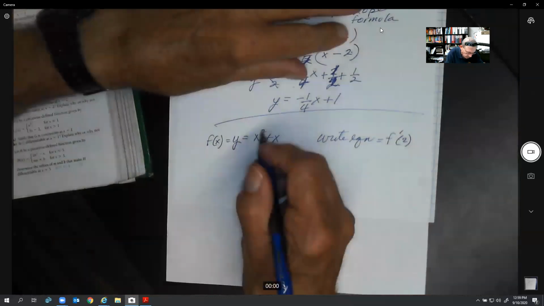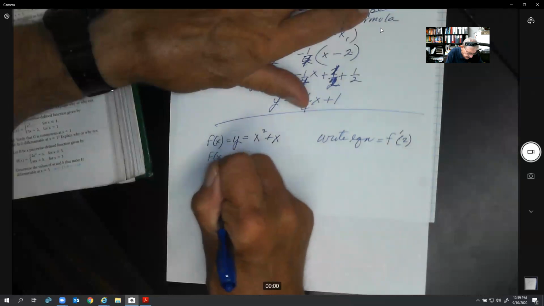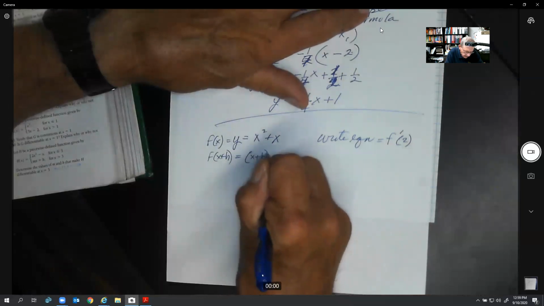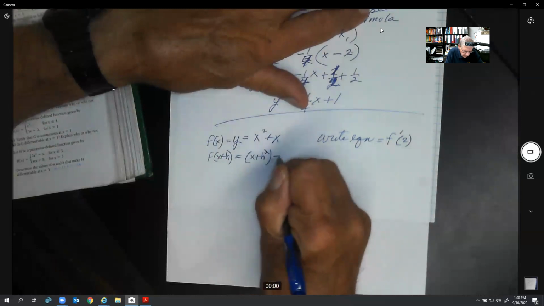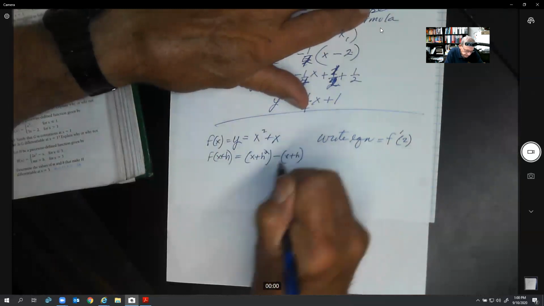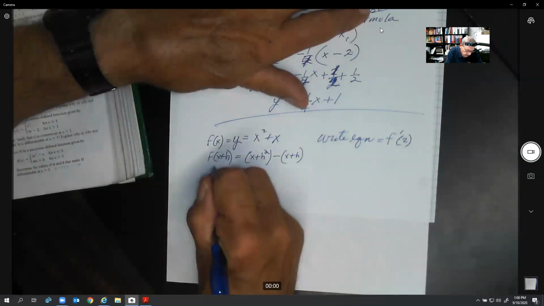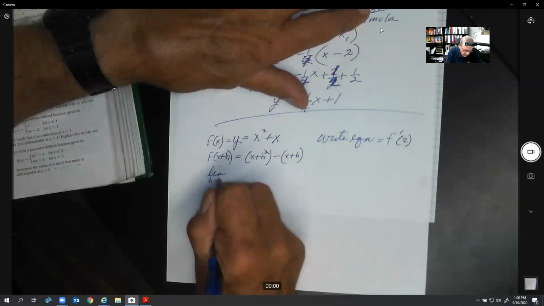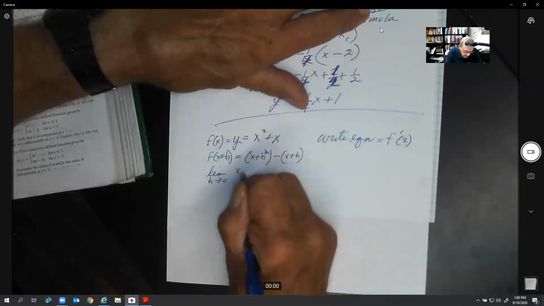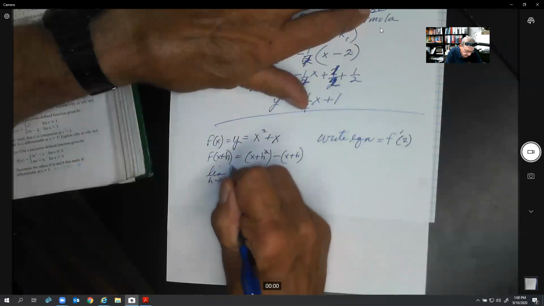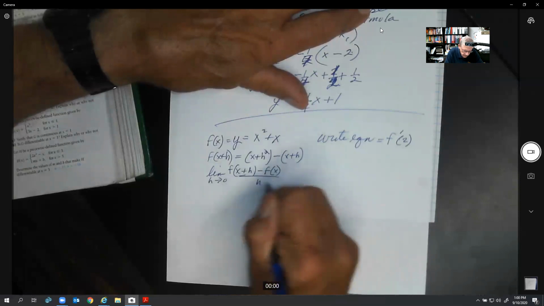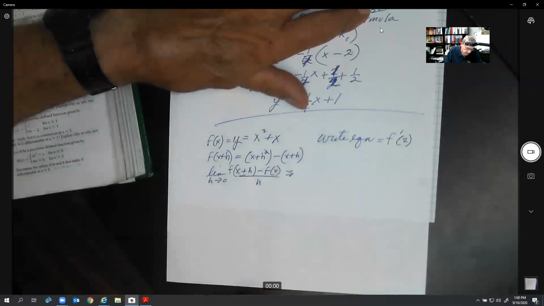Okay, so step number 1. Let's find the difference quotient. F of x plus h is going to be x plus h squared plus x plus h. We're going to take the limit as h approaches 0 of function of x plus h minus function of x over h, equals.